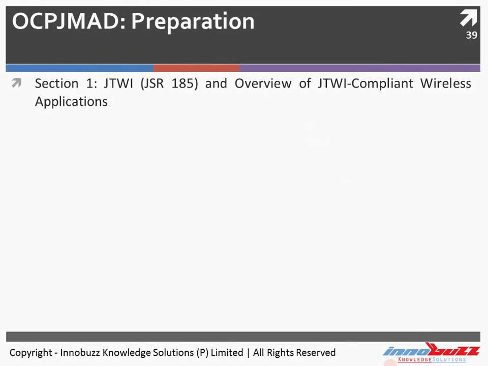So you have many concepts to be known, like multi-purpose internet mail extensions names which are applicable to the connected limited device configuration, as well as the mobile information device profile, that is MIDP, and the wireless messaging API, WMA, with the mobile media API.